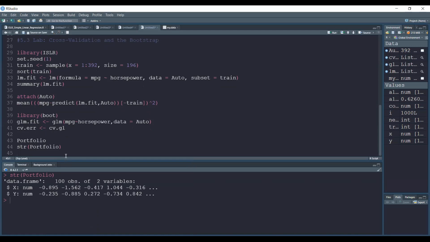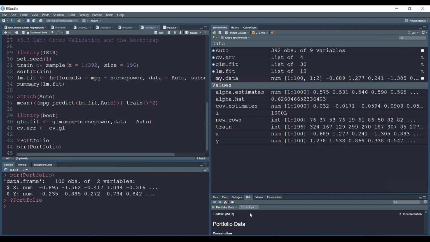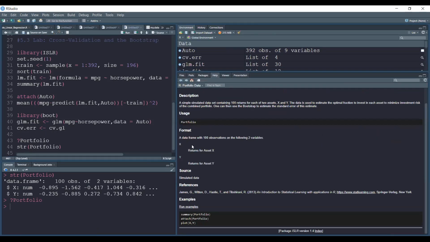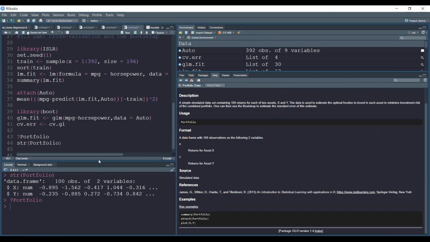So we have 100 observations. Those are, I guess, well, we could ask what these are. Are they just the daily returns? A data frame with 400 observations. Yeah. Okay. Well, maybe this is what they were using in that section where we're doing alpha.